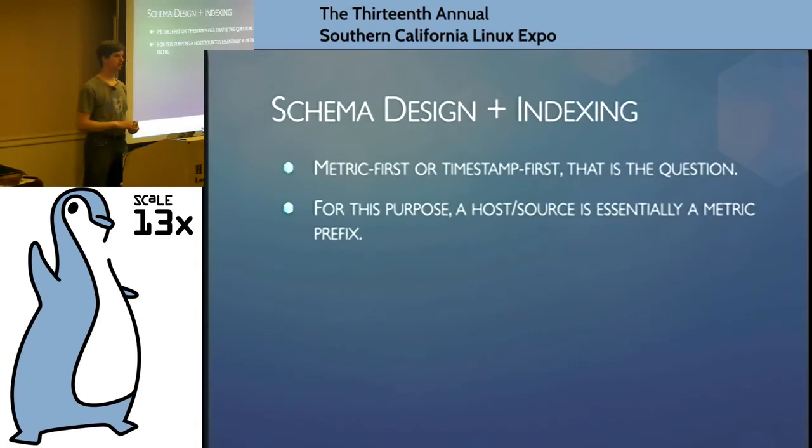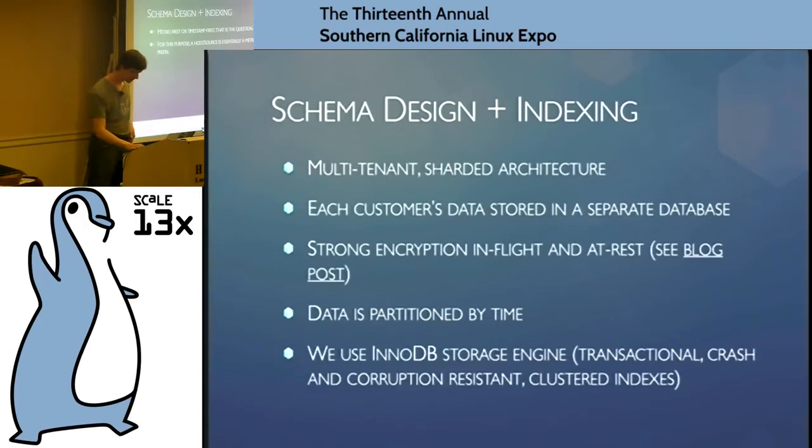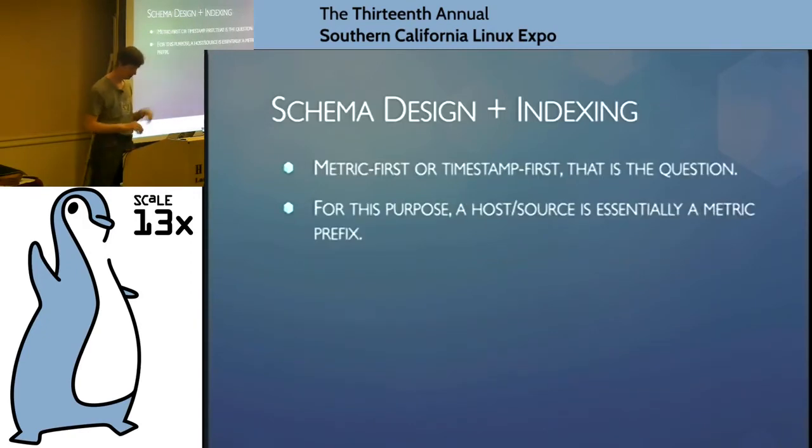So that means that the primary key for our table, which we call observation, did I have that table name? No, I'll have the table name in a later slide. That means that the primary key for our metrics table would seemingly be the most optimal: the host, the metric, the timestamp, and the value.